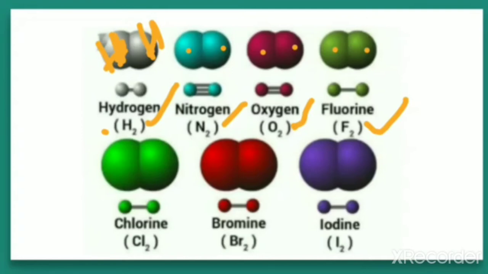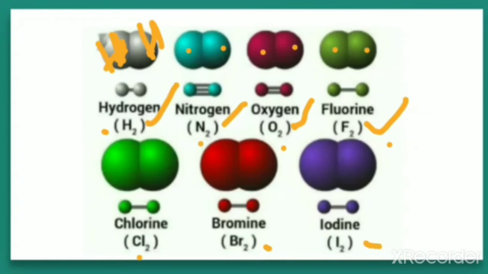So it gives rise to a molecule H2. Similarly, N2, it is made up of combining of two nitrogen atoms. Oxygen is made up of combining two oxygen atom. Fluorine is made up of combining two fluorine atoms. Similarly, for the case of chlorine, Cl2, bromine, Br2 and I2.